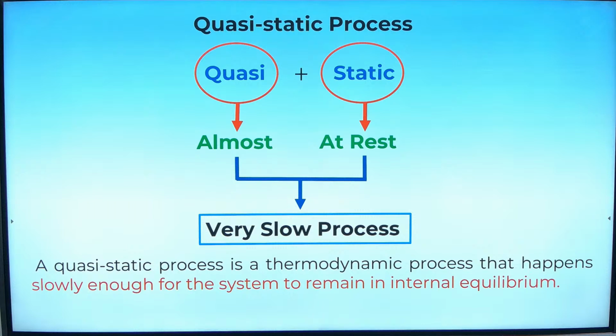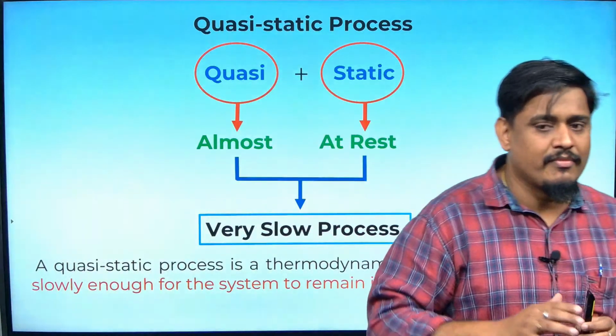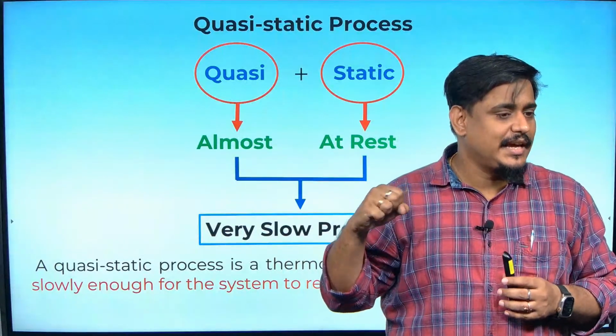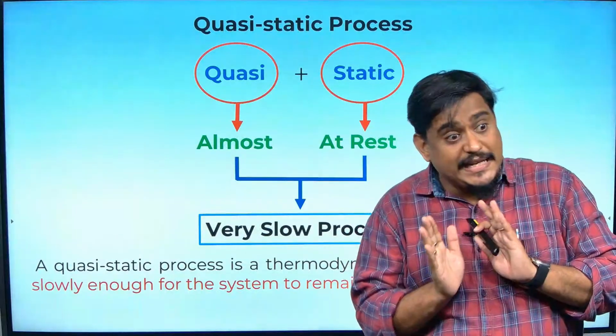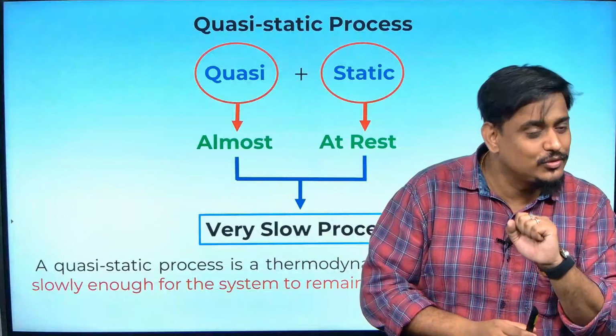Technically, it is a process that is slow enough for the system to remain in internal equilibrium. Sometimes we make the system slowly accept the changes. In that, even if heat is supplied, it will not reflect in the del U. Why?